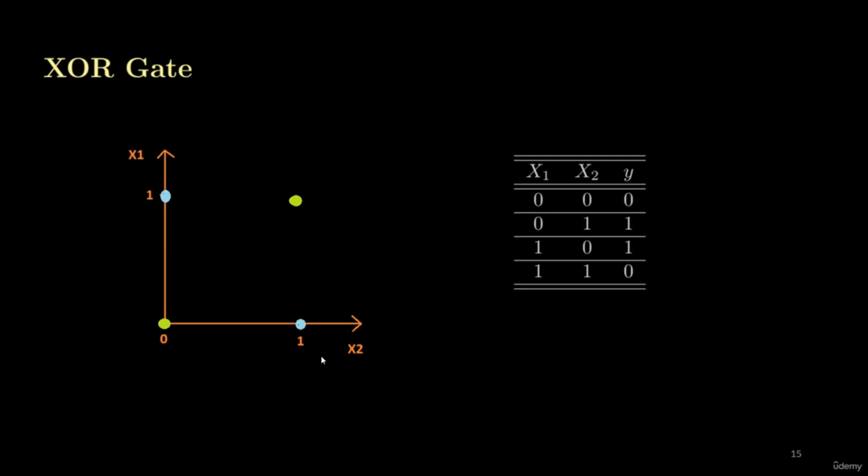So this is our class 1, this is our class 1, this is our class 0, and this is also class 0. Now the question is, is there any possibility that we can draw a straight line in order to separate these two classes? So we have class 0 and we have class 1. Can we draw a straight line anywhere in this 2D representation where we can separate both the classes?